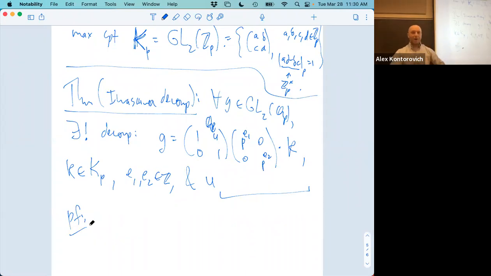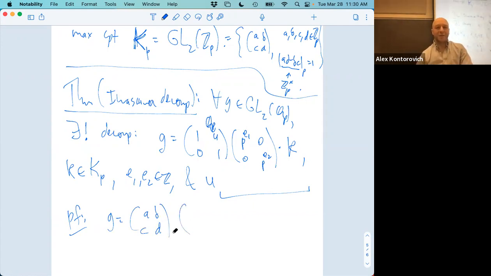Okay, how are we going to make G as simple as possible? So G is ABCD. How did we prove the other decomposition?